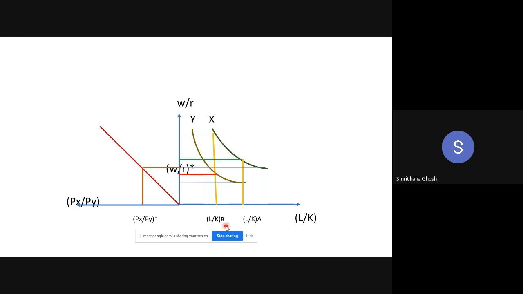I'm waiting for 1 minute. Just follow this diagram, just draw the same diagram. Look at the diagram and try to draw it. Just remember one thing: L by KA and L by KB very close to each other.